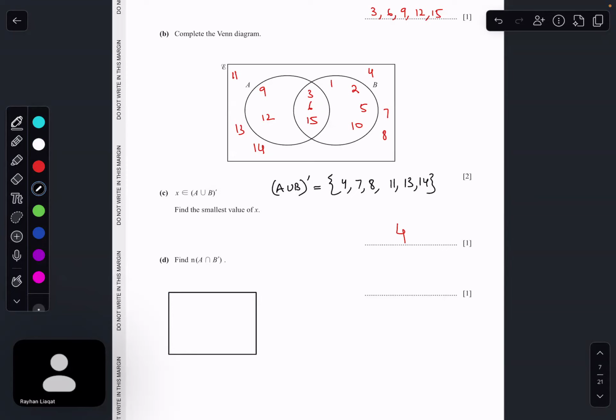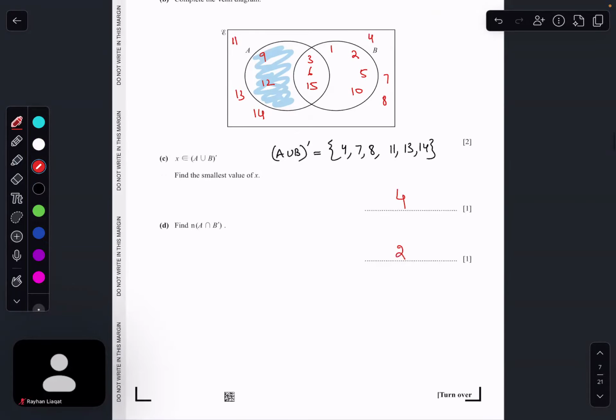Yes. Good. So those who don't understand can always refer to the shading part. So this is the region they are talking about: set A, apart from B. So we have how many elements? We have 2 elements over there. Is that clear? 9 and 12.